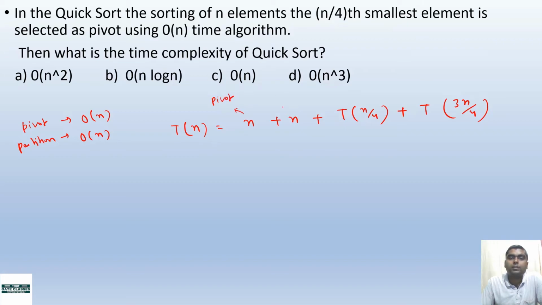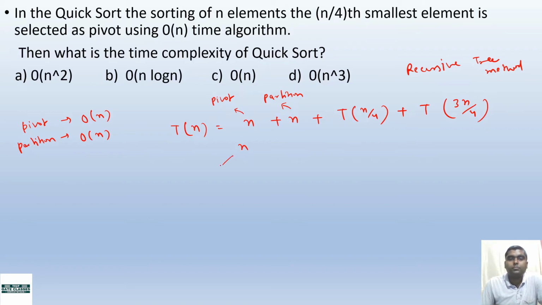Pivot selection, and this is partition, and this is the rest, right? So this can be solved with the help of what? This can be solved with the help of recursion tree. Okay, recursive tree method. So I hope that this is clear to you.